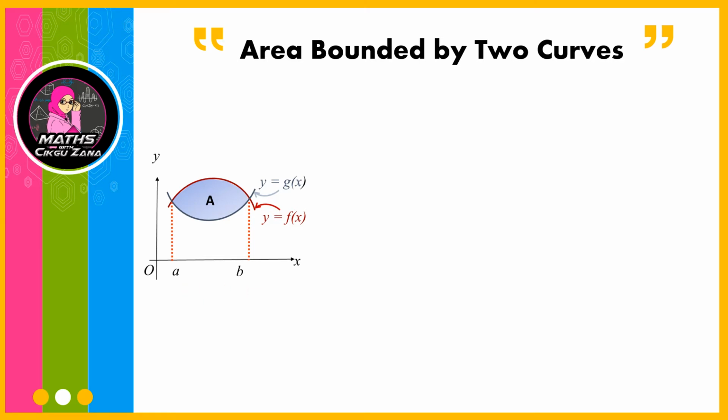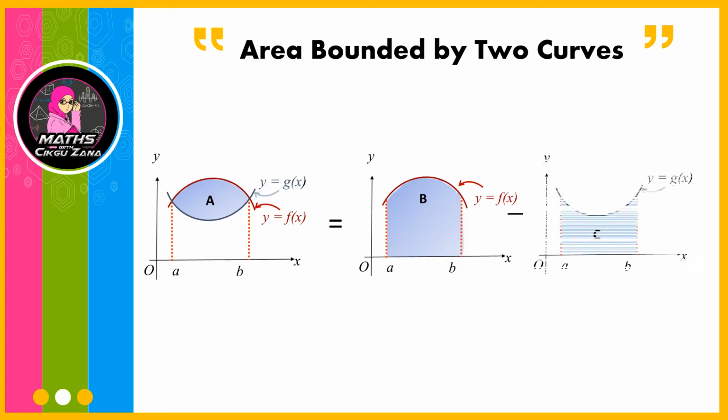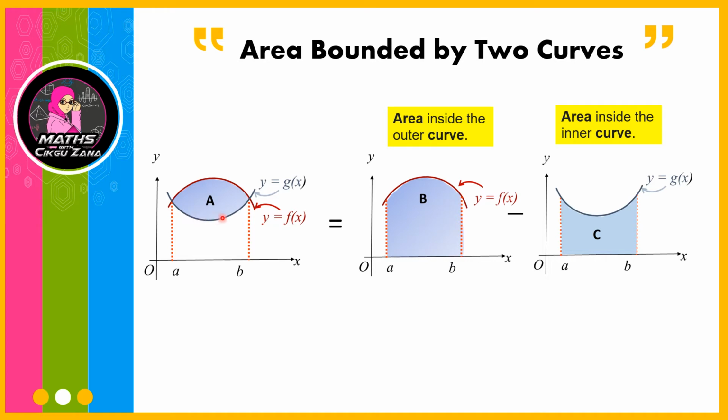Thus, area A is obtained by finding the difference between area of B and area of C. That is, the area inside the outer curve minus the area inside the inner curve. Thus, the area of A can be obtained using the integral of f of x minus g of x from x equal a to x equal b.